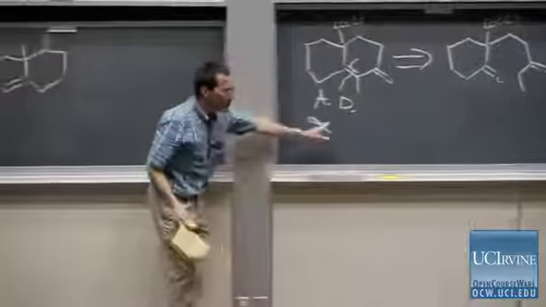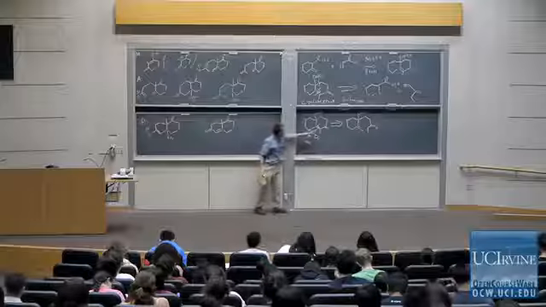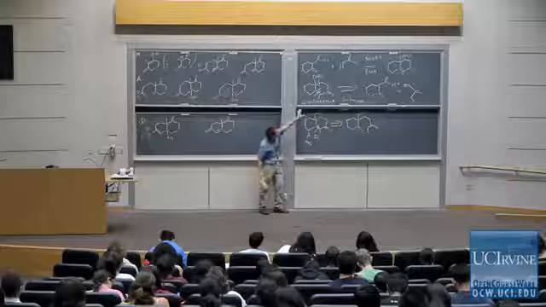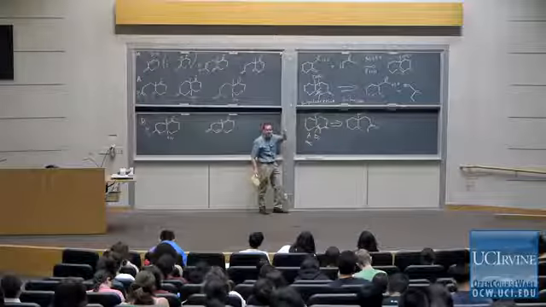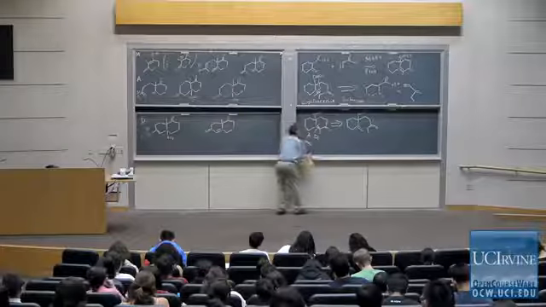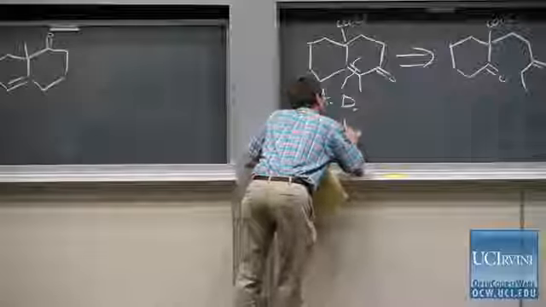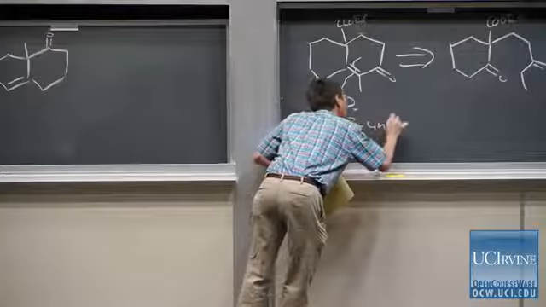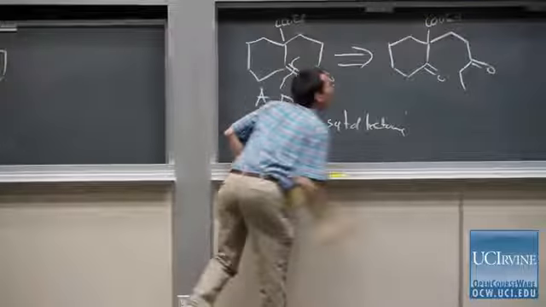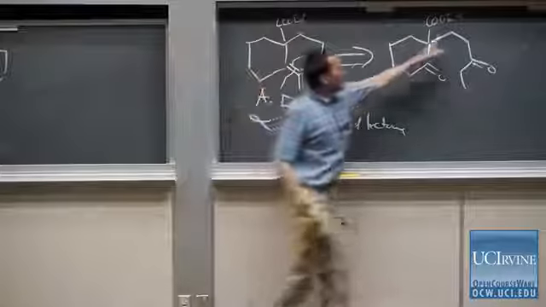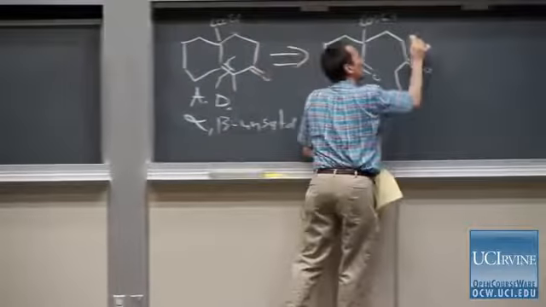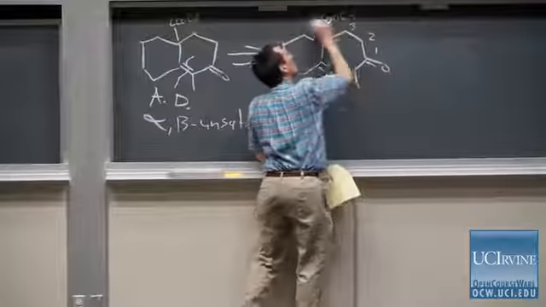But if you can't do that yet, you look at this and say, oh, this is my clue that this could have come from an aldol reaction. So I say, oh, this is an alpha-beta unsaturated ketone. And now you look at this next component and you say, oh, this is a 1,5-dicarbonyl compound.